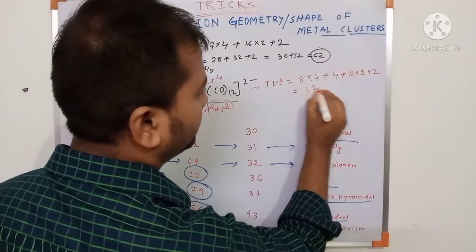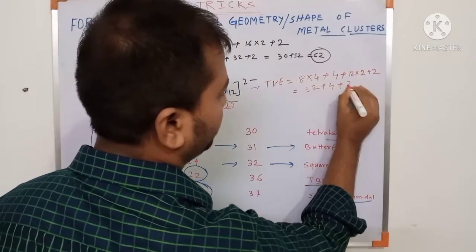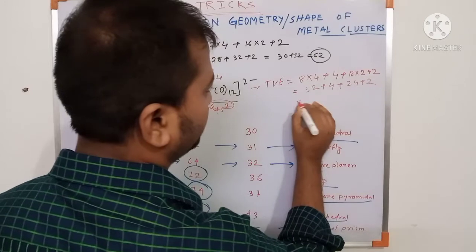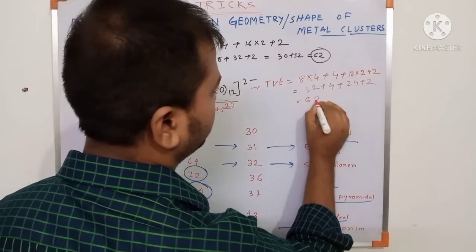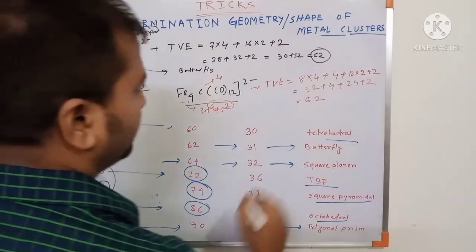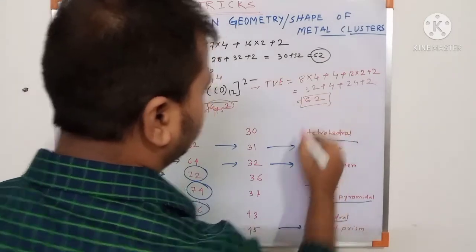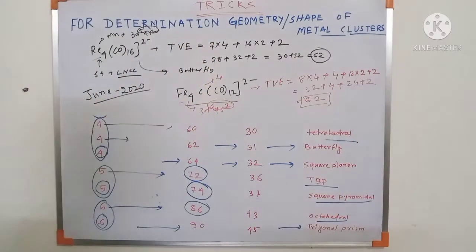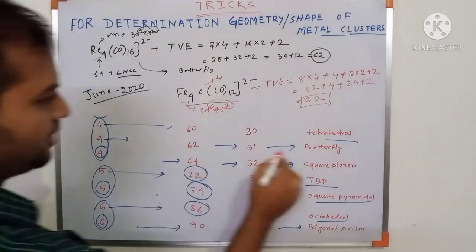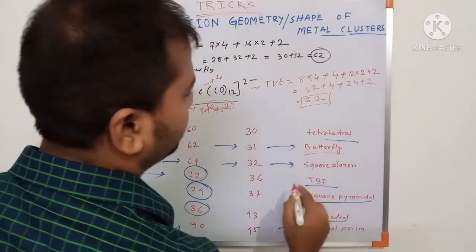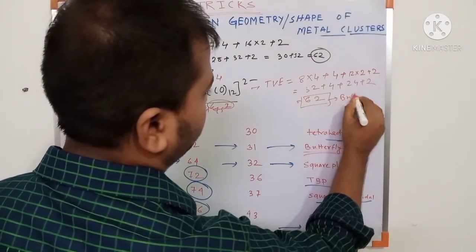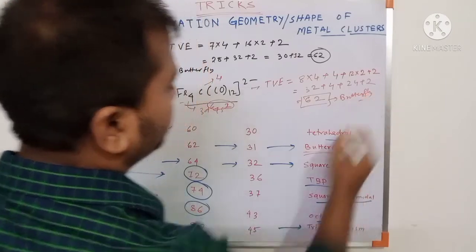So this is 32 plus 4 plus 24 plus 2, which is 62. With 62 electrons and 4 metal atoms, this is butterfly geometry. So this is very easy.